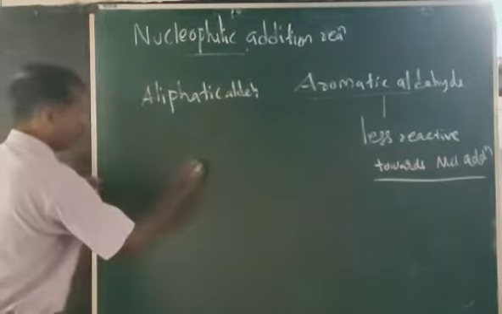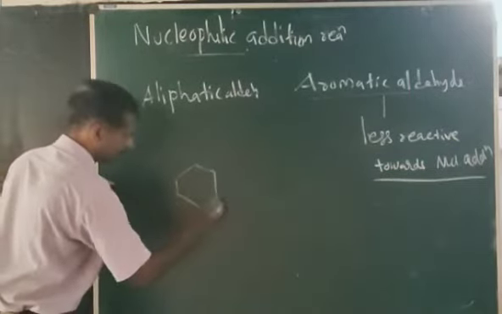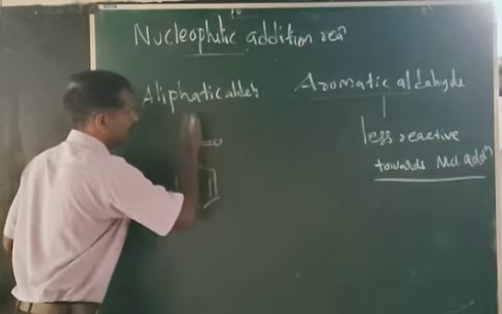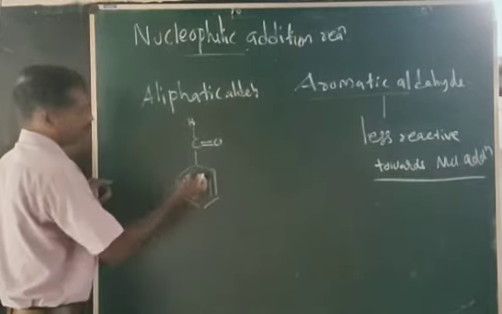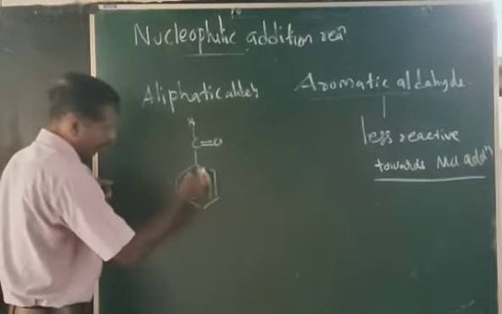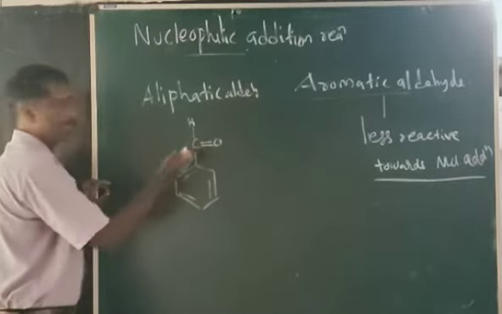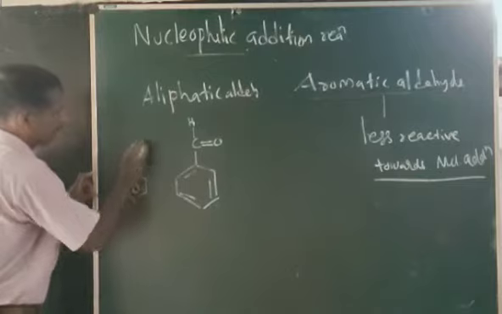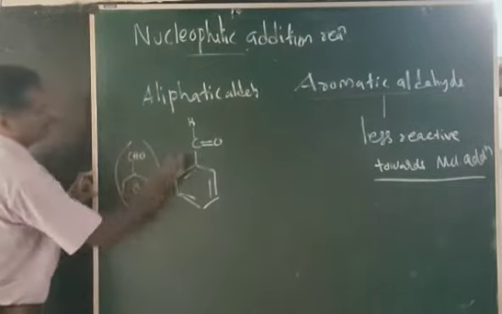Aromatic aldehyde means, for example, we can take benzaldehyde. Ring CHO, this is benzaldehyde. Actually, the actual structure is like this.